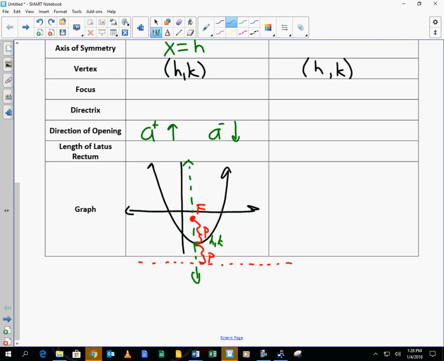Now you're wondering, what? How do you find p, right? This is a very important equation. a equals 1 over 4p. That will help you find p.